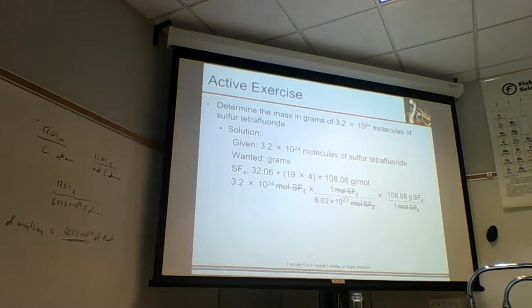I see a more significant error though. This is the error I see often on tests. Is a mole the same thing as a molecule? No. A mole is not the same thing as a molecule.